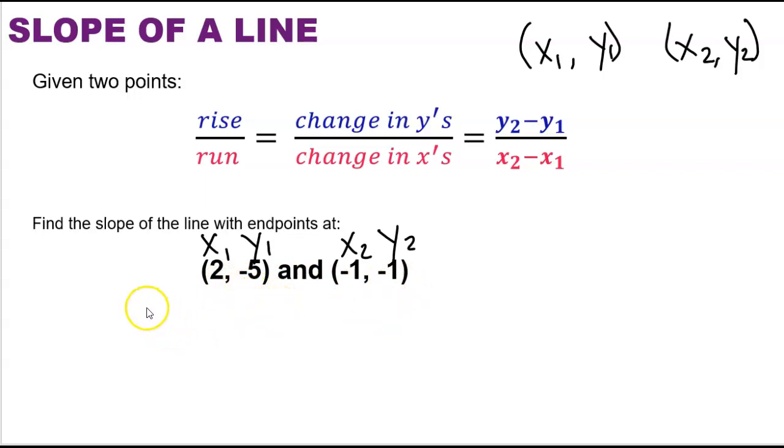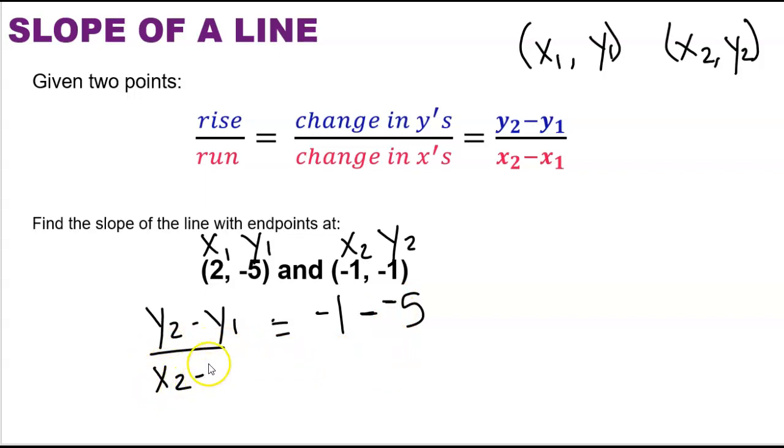So our formula says y2 minus y1, which would be our y2 is a -1, minus my y1, which is a -5. You've got to make sure that you put that minus in there, and you can't forget to put the negative with your coordinate. The next one says x2 minus x1. So down over here, our x2 is a -1 minus our x1, which is just a 2.